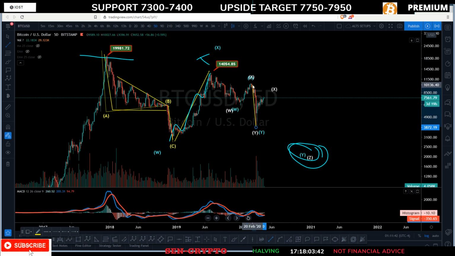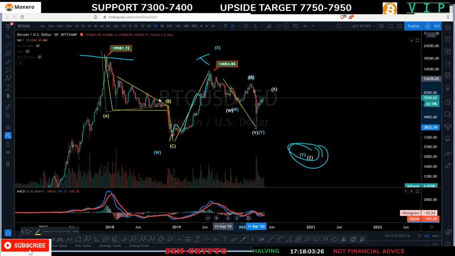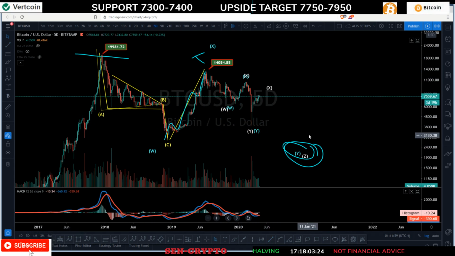Even if it goes to 10.5, we've got another feasible count to look for another move to the downside, right? So at least for the short term, we're looking for this move to be an X, another X, and then we're going to be looking for this Z to the downside, and then that Z is going to complete the macro scale Y. All right, so what does it mean?